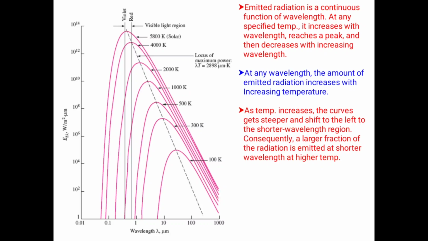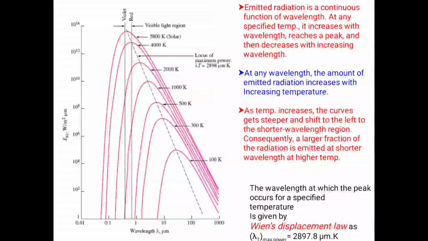As temperature increases, the curve gets steeper and shifts to the left, to the shorter wavelength region. A large fraction of radiation is emitted at shorter wavelengths at higher temperature. The wavelength at which a peak occurs for a specific temperature is given by Wien's displacement law, lambda T is equal to 2897.8 micrometer Kelvin.